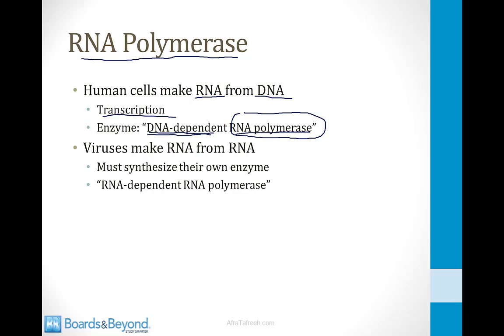Viruses, on the other hand, need to make RNA directly from RNA, and there's no readily available human enzyme to do this, so the virus has to bring or synthesize its own enzyme, and this enzyme is going to be called RNA-dependent RNA polymerase. So it's going to synthesize RNA polymers, but it's going to depend on an RNA strand as the template, as opposed to the human cells, which depend on a DNA strand as the template.